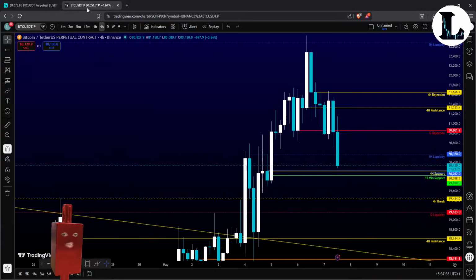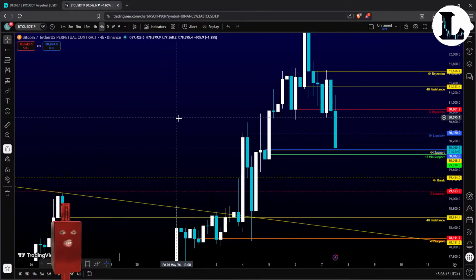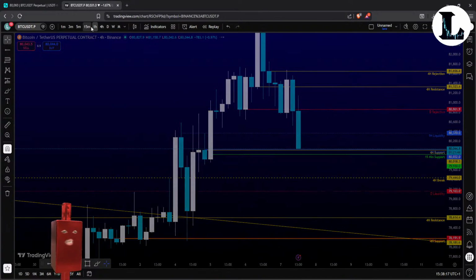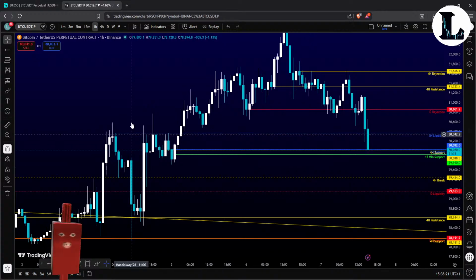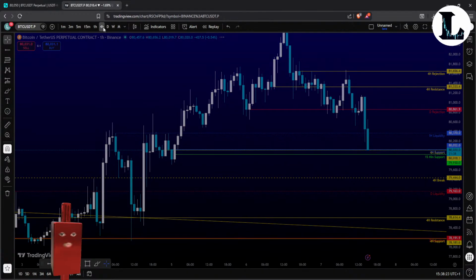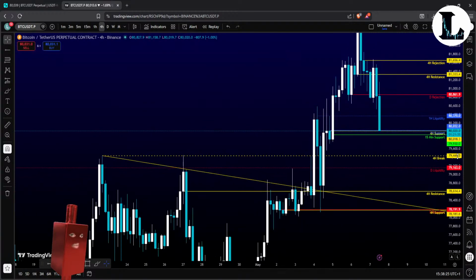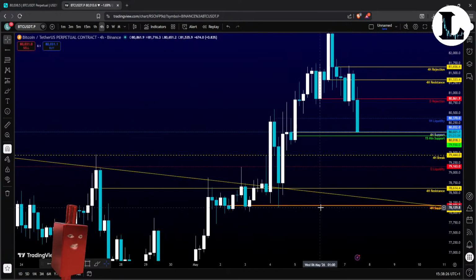Yeah, still moving down. Let's see if we see any kind of big reaction here. And I think I did not find the polarity, the liquidity down here.